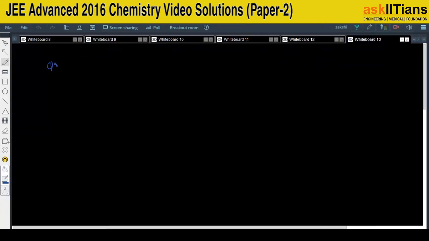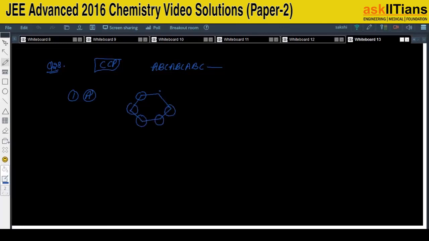So for question number 28, he is referring to cubic close packing. CCP, if I am not wrong, is ABC, ABC, ABC kind of packing. Now the first option was saying that the number of nearest neighbors of an atom present in the topmost layer is 12, which is wrong. It is something like this. You have 1, 2, 3, 4, 5, 6, and let's say this is a central atom.